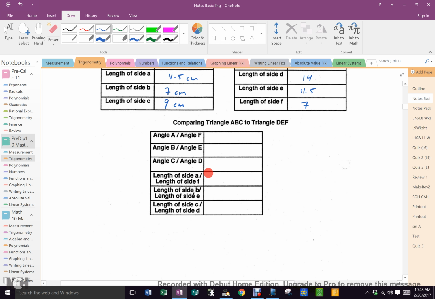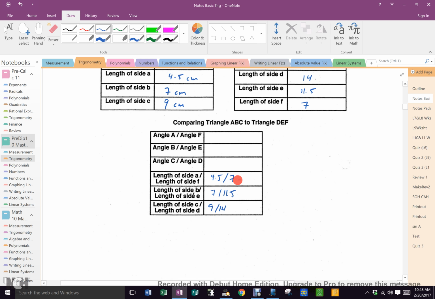A is 4.5 divided by F, 7. Why am I comparing A to F? Because they're in the same relative location, yes? B and E gives 7 over 11.5, and C and D gets me 9 over 14.